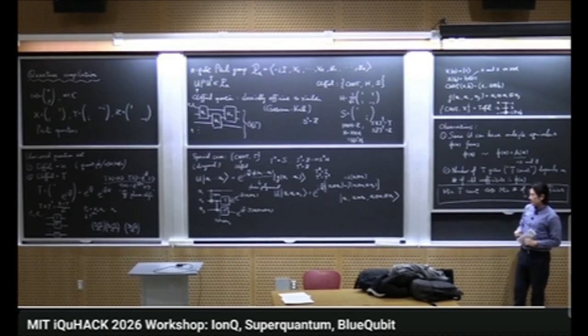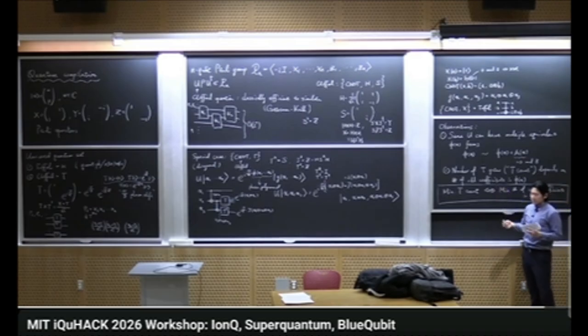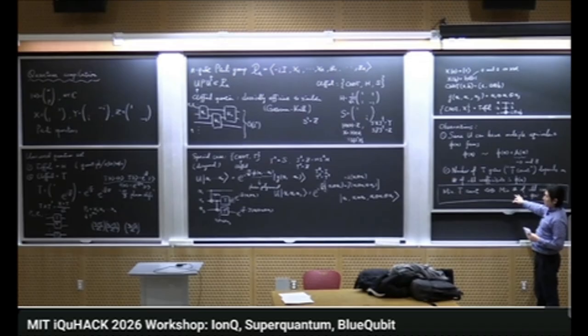In this particular case with Clifford plus T, we have enough insight into how they work that we can reduce it to a very structured problem, which is just about the coefficients of some polynomial.